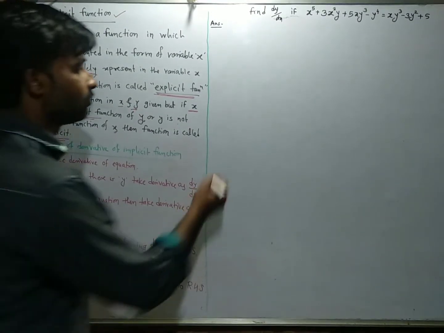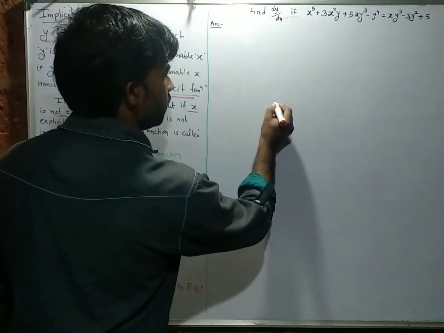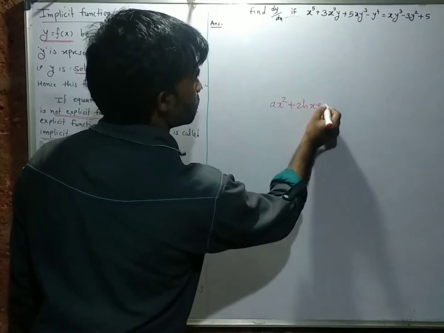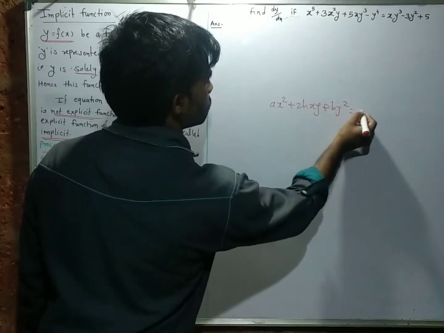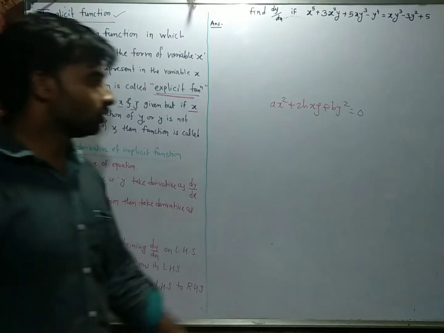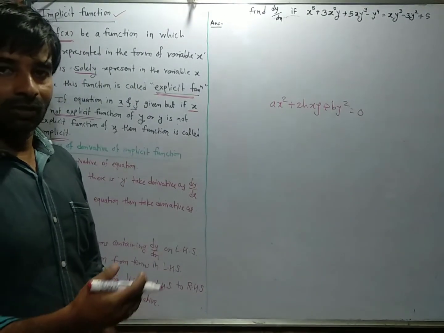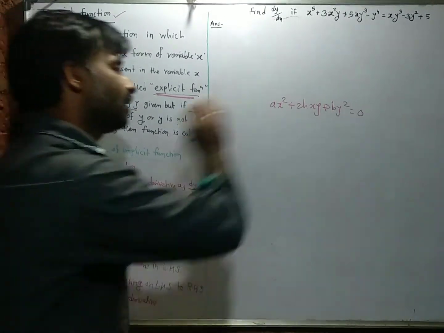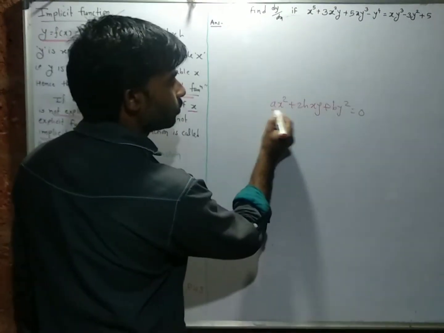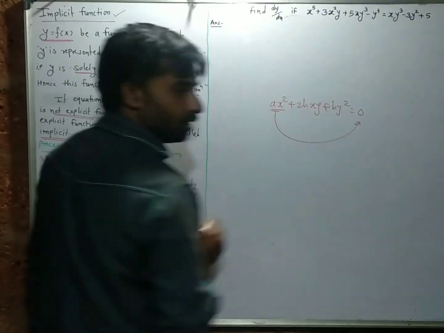For example, consider ax square plus 2hxy plus by square is equal to 0. In that expression, if you take y only on the left hand side and the remaining terms on the right hand side, first of all, we have to transfer this term to the right hand side.